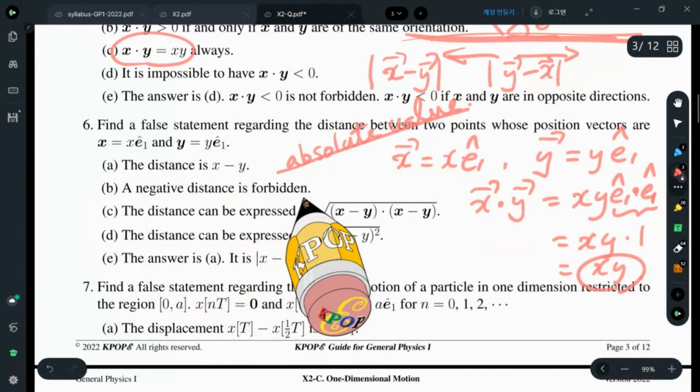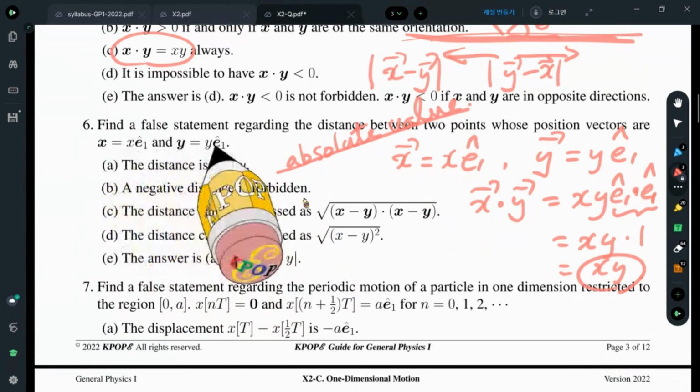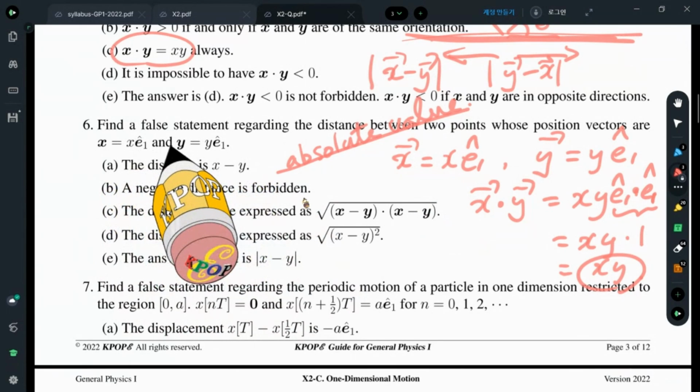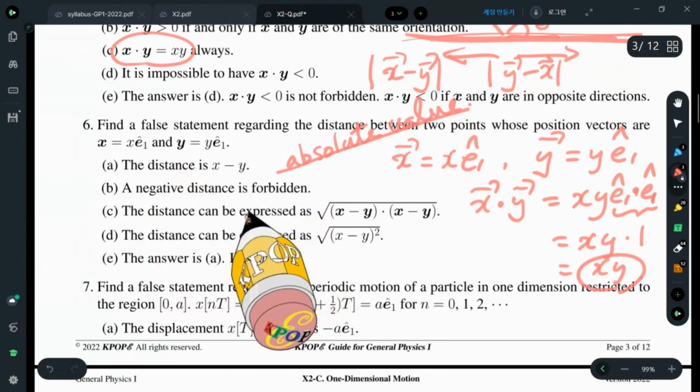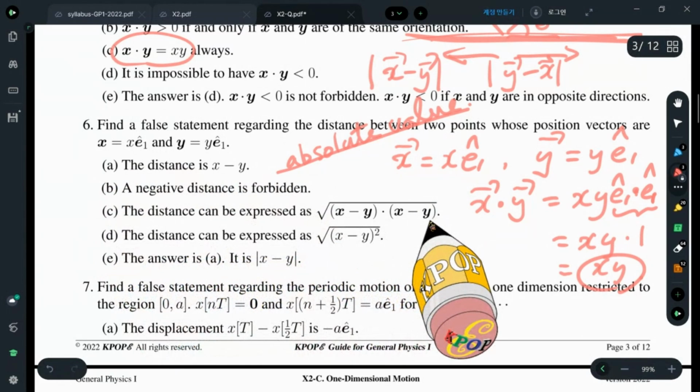Sure, distance is positive definite, and at least it should not be negative. It can be 0 when both of them are the same. The distance becomes 0 for two identical points. The distance can be expressed as this.